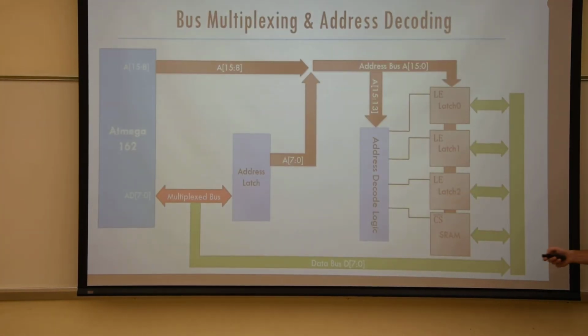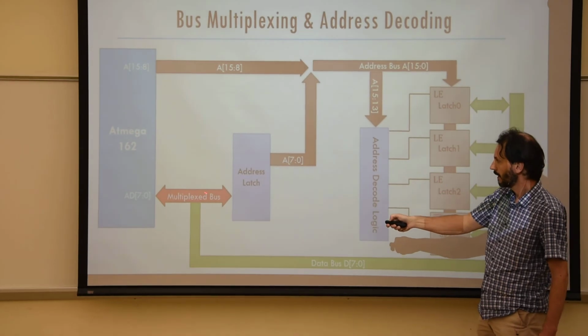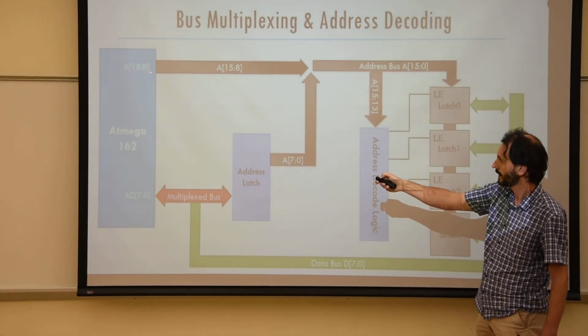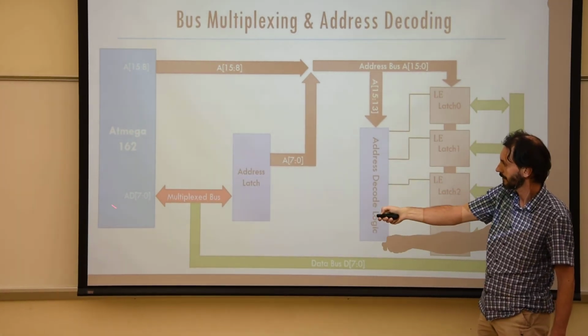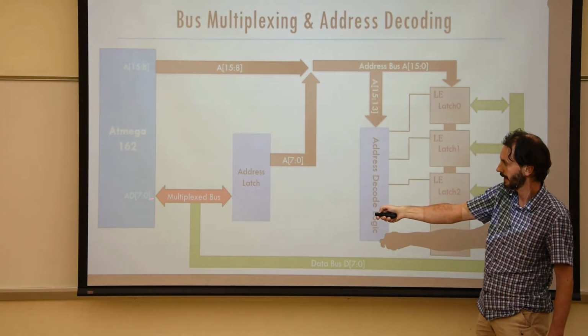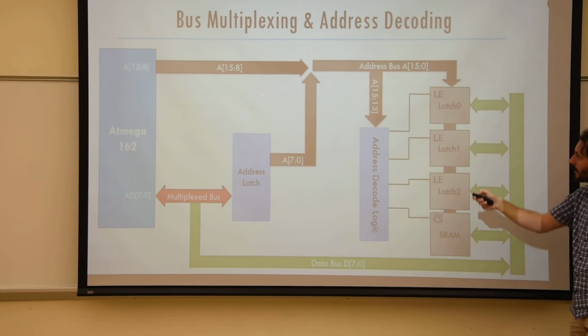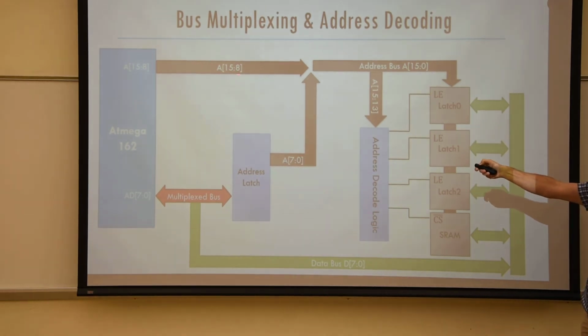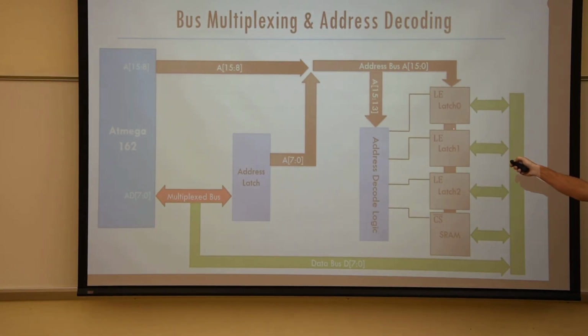So here you see a block diagram now. We have a bunch of address bits coming in, right? And we multiplex the data bits again with the lowest 8 address bits. Now, all these most significant address bits are going to latch 0, latch 1, latch 2, and the SRAM. It's all connected.